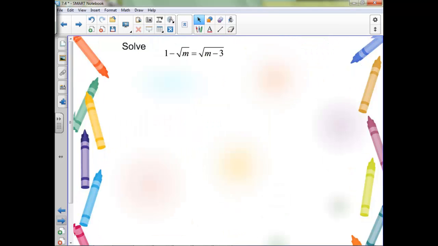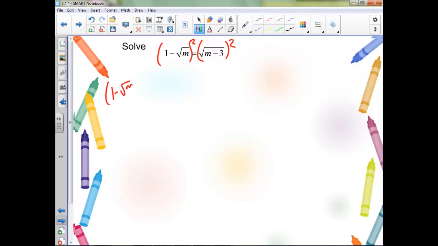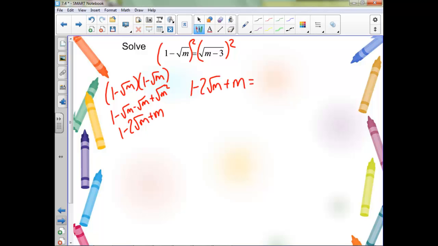This one, notice we already have one of our roots completely by itself. So let's go ahead and square both sides. Remember, this right side now we're going to have to distribute. Once again, we've got a root still. We need to get that by itself, so let's move everything away.